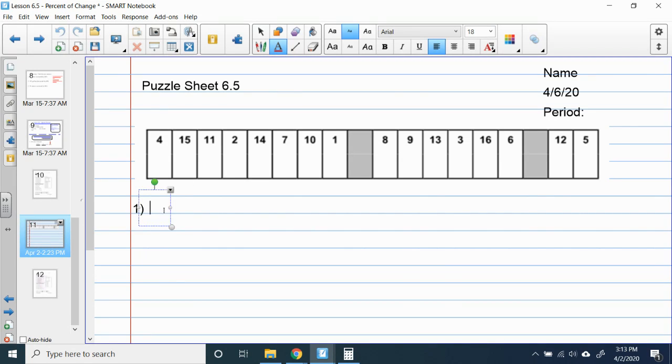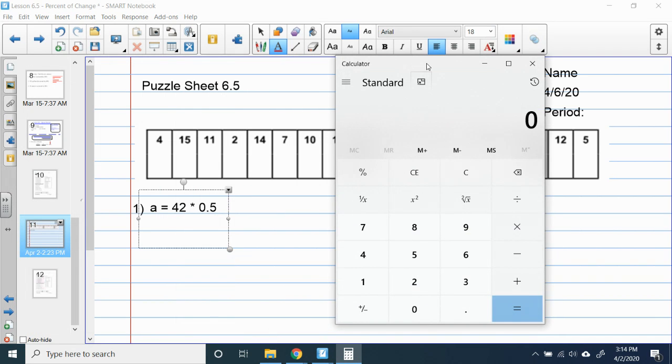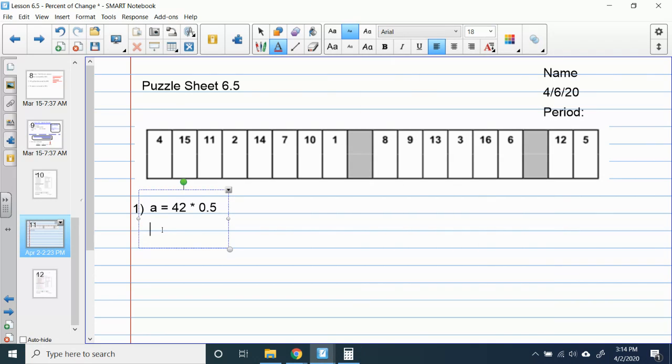I don't know what the part is, so that's A, and that equals 42, which is my whole, times your percent as a decimal. 50% would be 0.5. When you solve that on your calculator, 42 times 5 tenths, I get 21. So A equals 21.